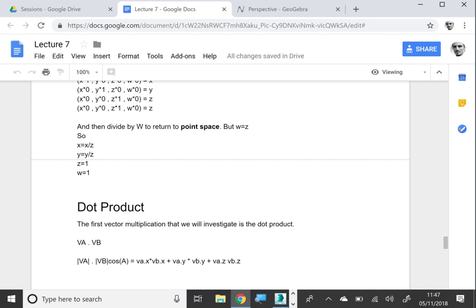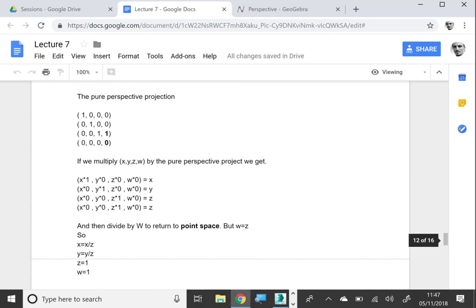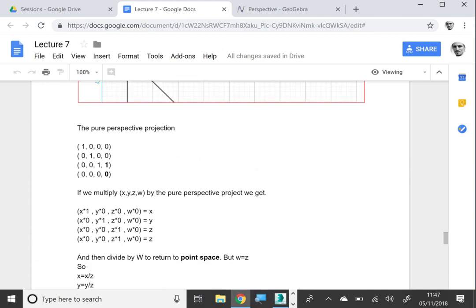And it will just be 1 or 0. So in the pure perspective projection, it will be set to 1 in the Z, and all the W's are set to 0. So it's a good idea to make a note of the pure perspective projection.